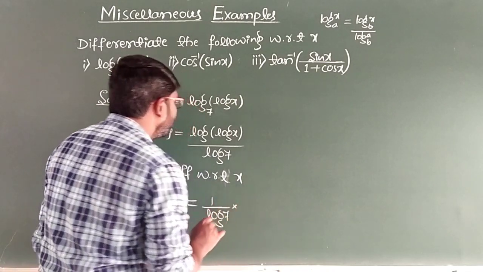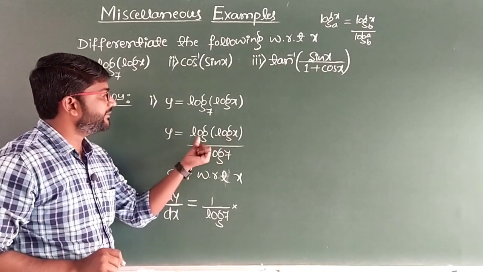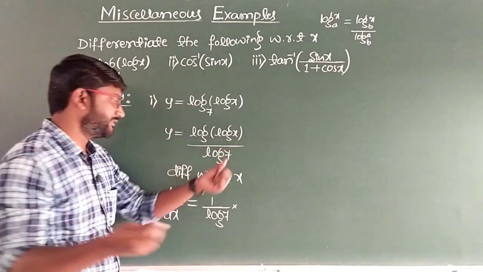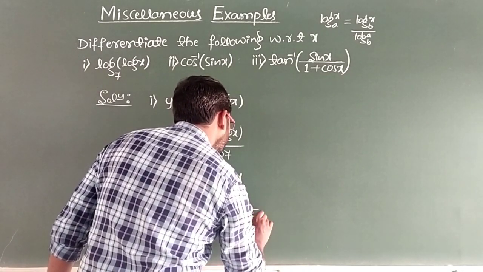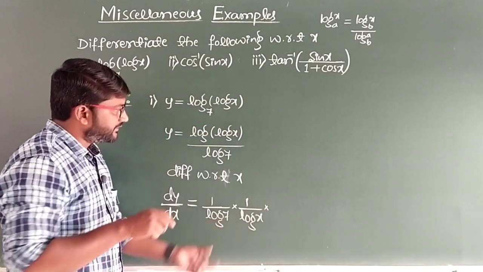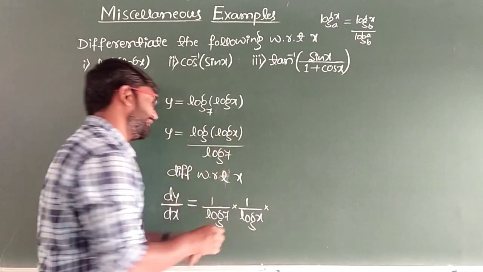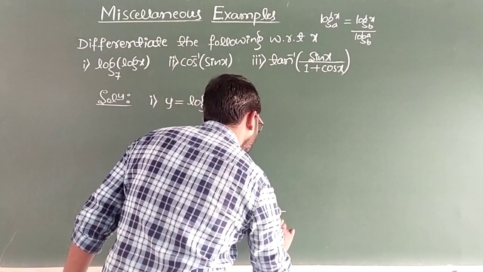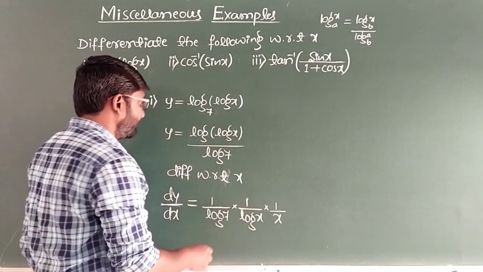Then now differentiate the numerator. It is in the form of log x. Derivative of log x will be 1 by x. So we get 1 by x, where x means log x here. Then into the derivative of this inside function. Derivative of log x will be 1 by x. So here is a function inside a function. So simplify this.